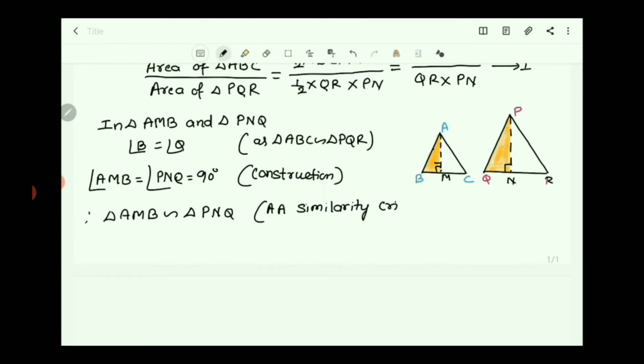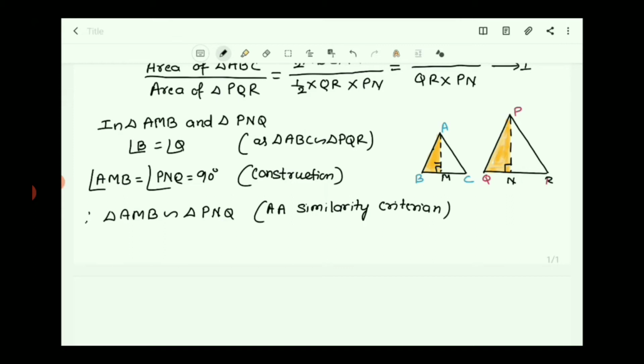AA similarity criterion. Then once you got that, triangle AMB is similar to triangle PNQ, which means their corresponding sides are in the same proportion.